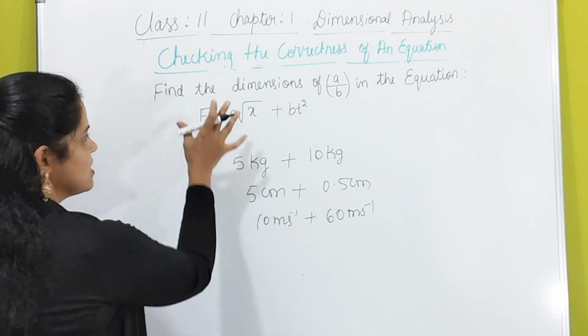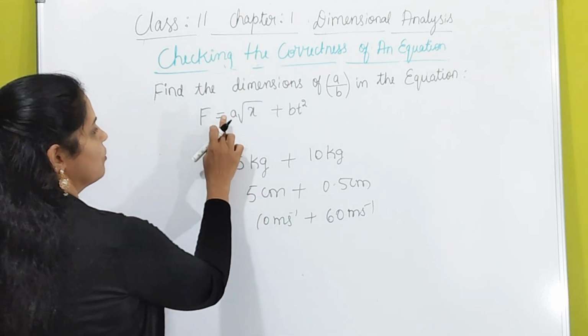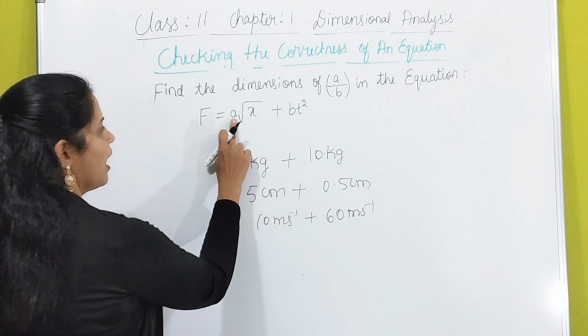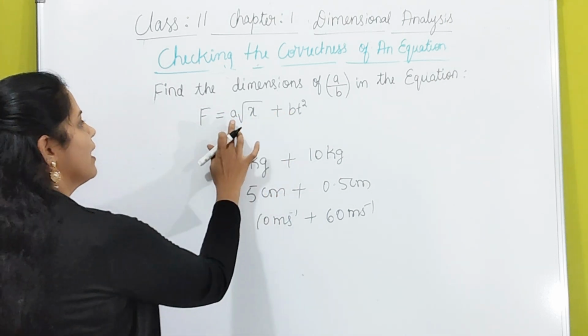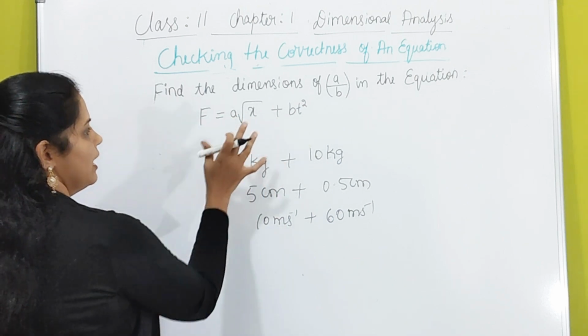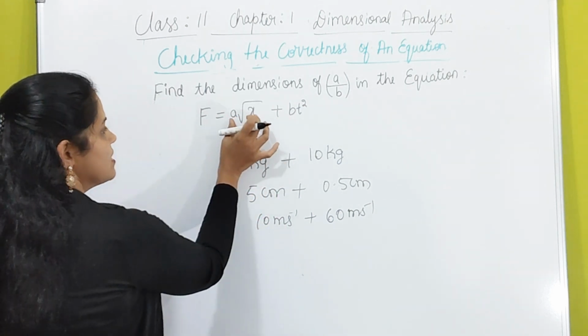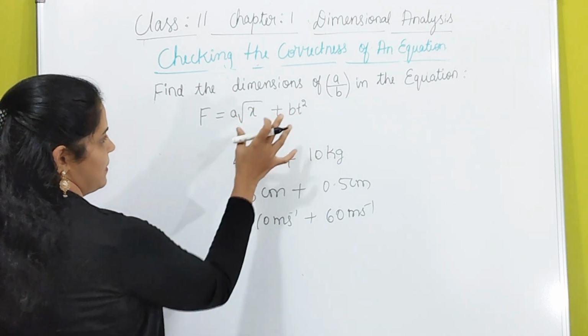So using this principle of homogeneity, we can find the dimension of unknown terms. A and B are unknown for us. We can find the dimension of unknown term only if the same physical quantities are added or subtracted.